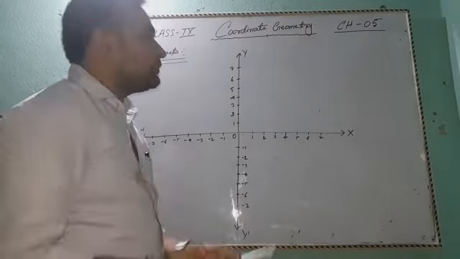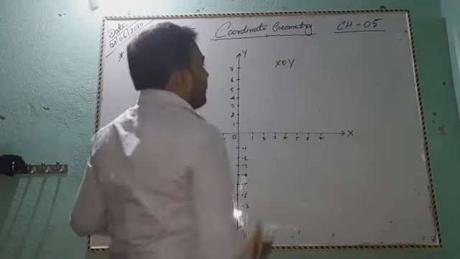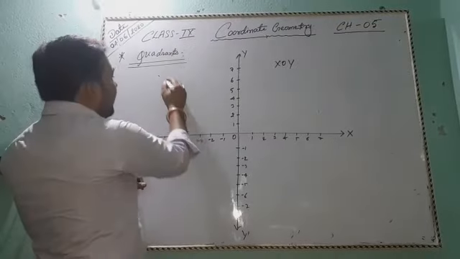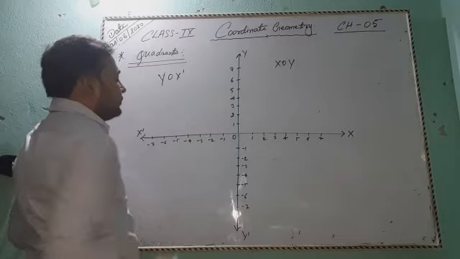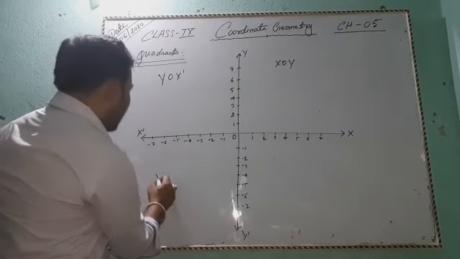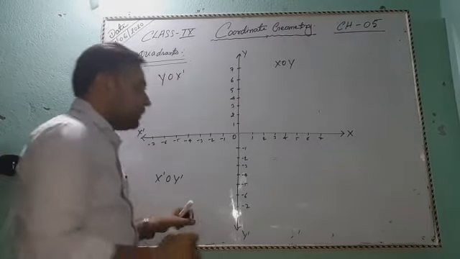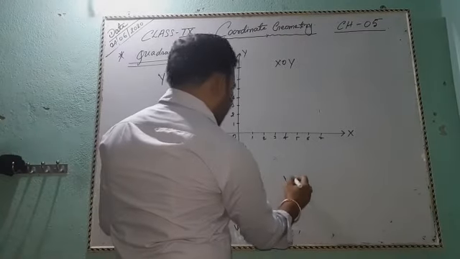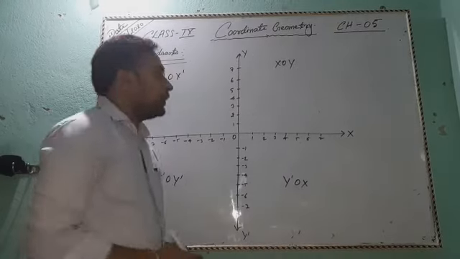These 4 regions are: first, X O Y; second, Y O X dash; third, X dash O Y dash; and the fourth region is Y dash O X.